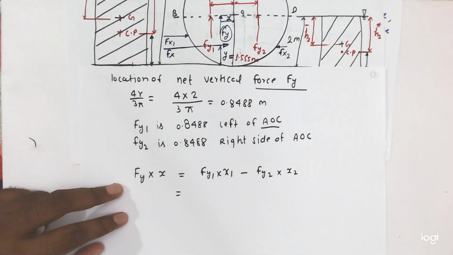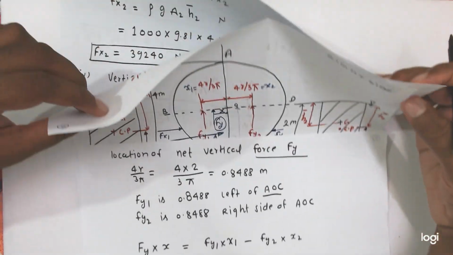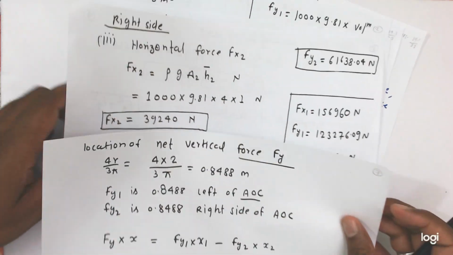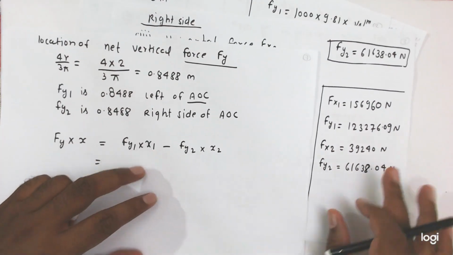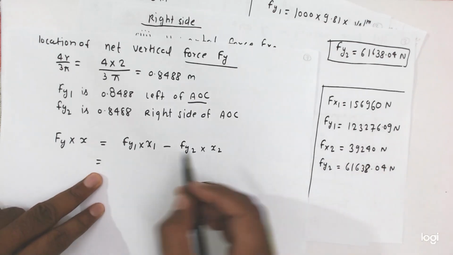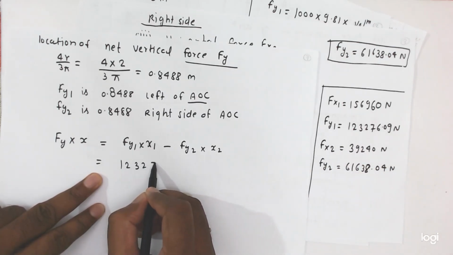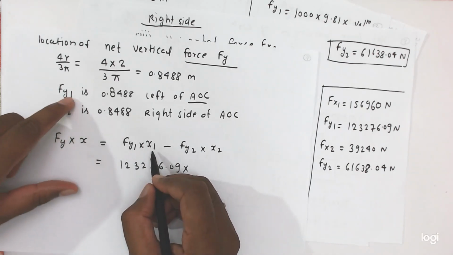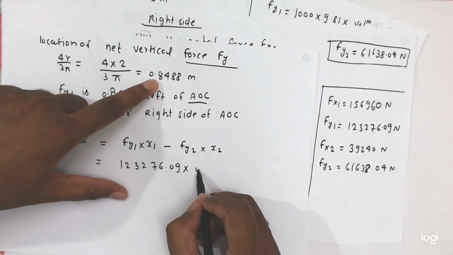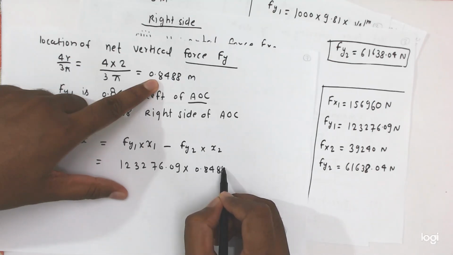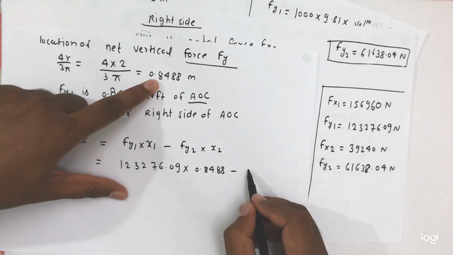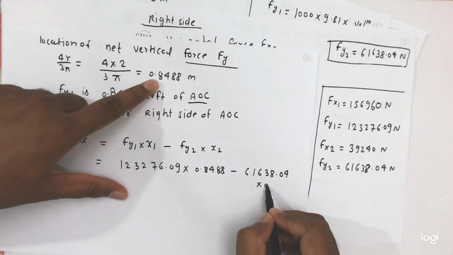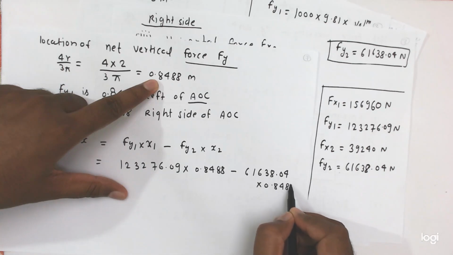So Fy2 is equal to what? Friends, you see here Fy1 is 123,276.09 into x1 equal to 0.8488, minus Fy2 which is 61,638.04 into 0.8488.